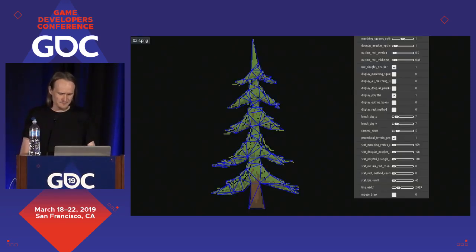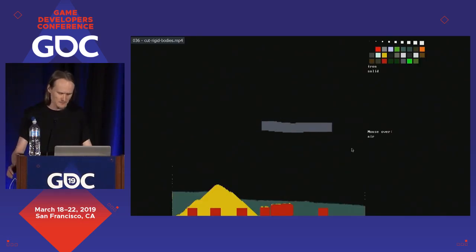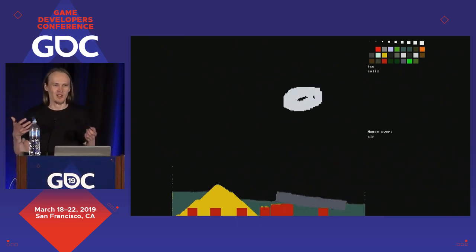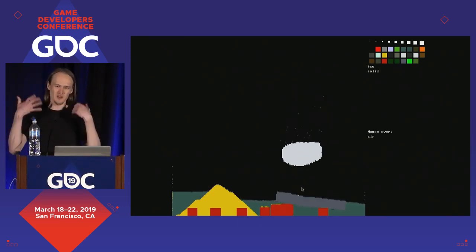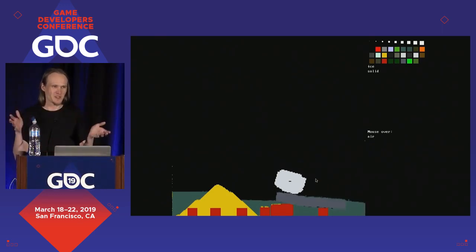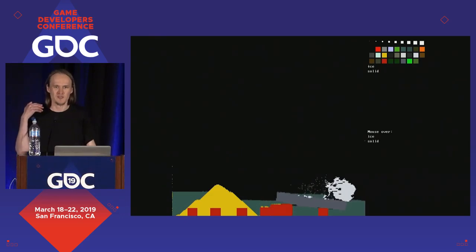And the way you put these two simulations together, so you have two different simulations at this stage, is at the very beginning of the frame, you take your rigid body pixels out of the world, then you run your falling sand simulation one step, and you run your Box 2D one step, and then you put your rigid body pixels back into the world, and they get their updated positions from Box 2D.